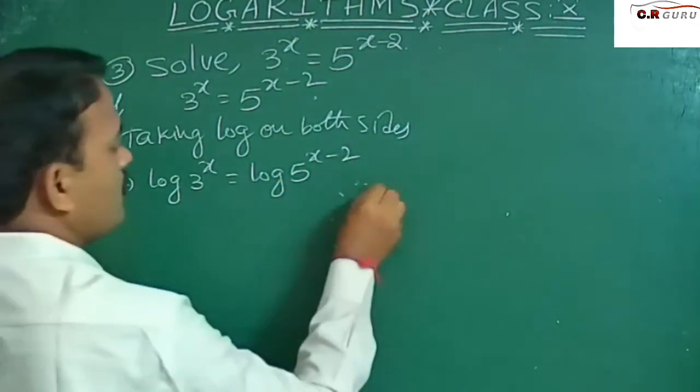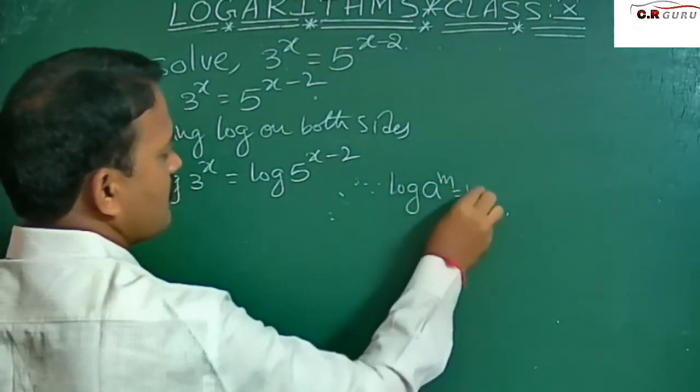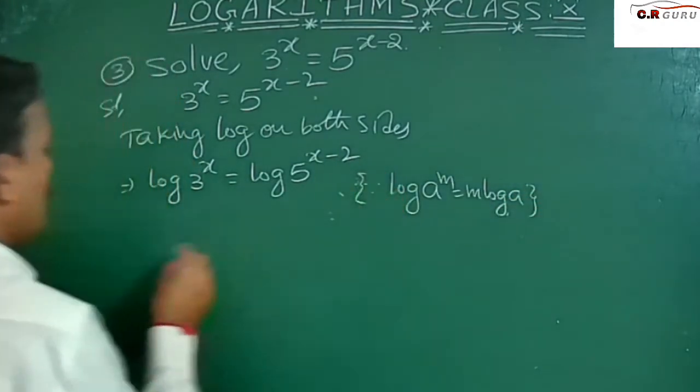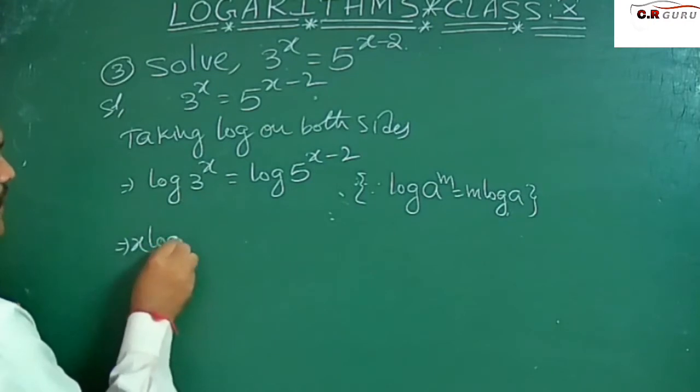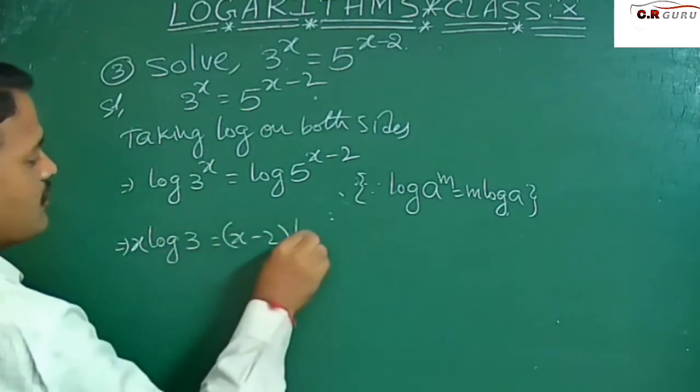So now you know one formula, log of a to the power of m is equal to m log a, and that implies this is nothing but x log 3 is equal to x minus 2 into log 5.